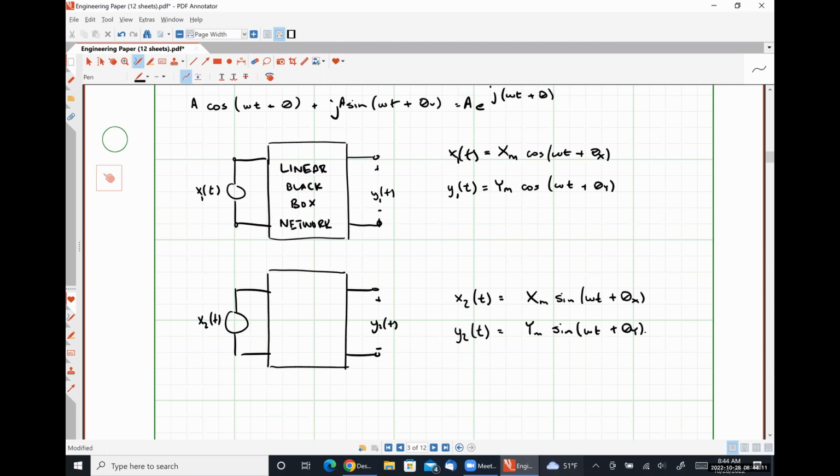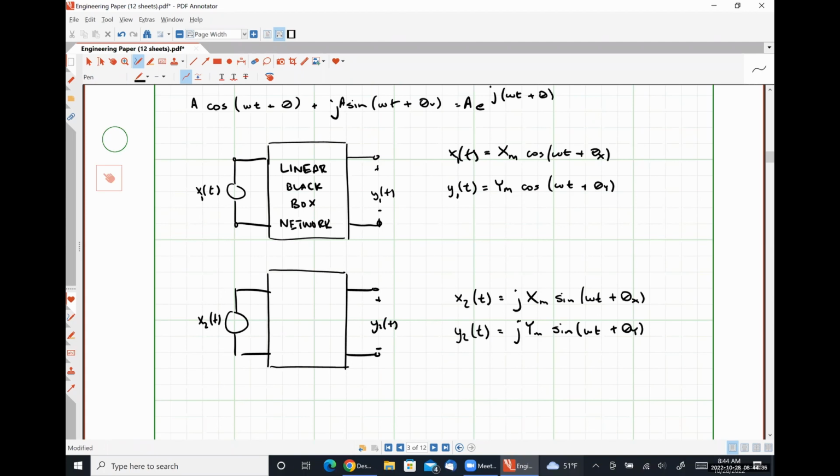Okay. So what I'm going to do is scale my input by a factor of j, which in turn will scale my output by a factor of j. Since j is a constant value, there's nothing remotely wrong with me scaling it by this imaginary operator.